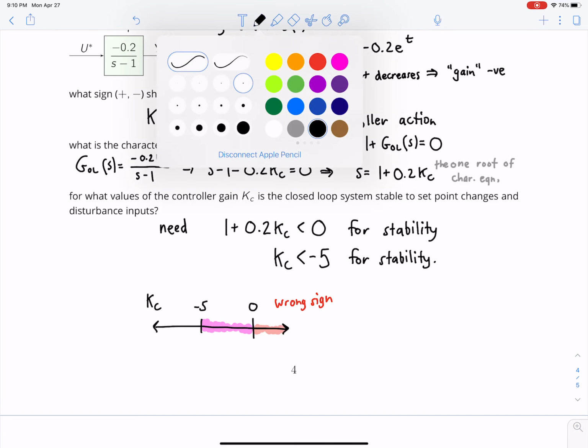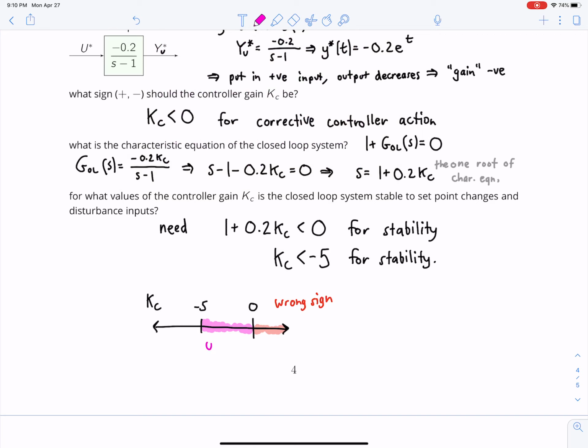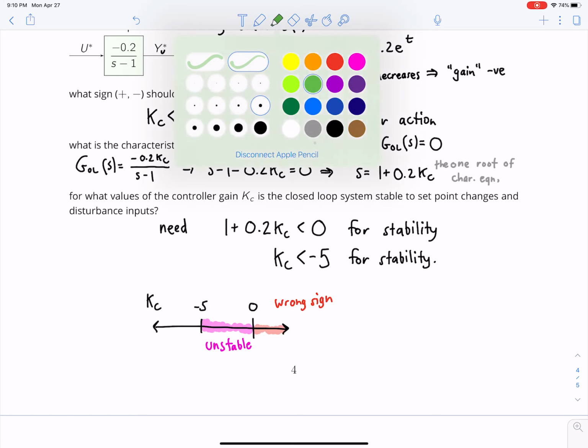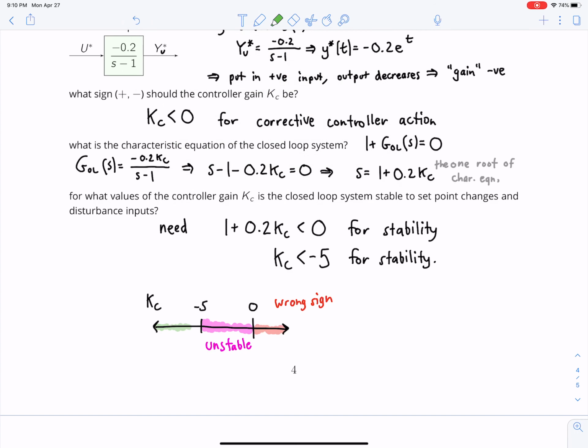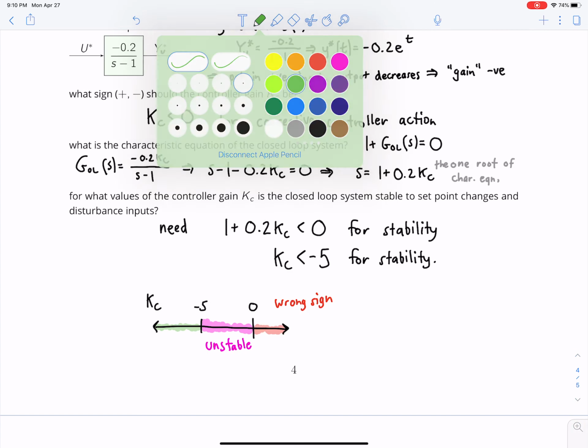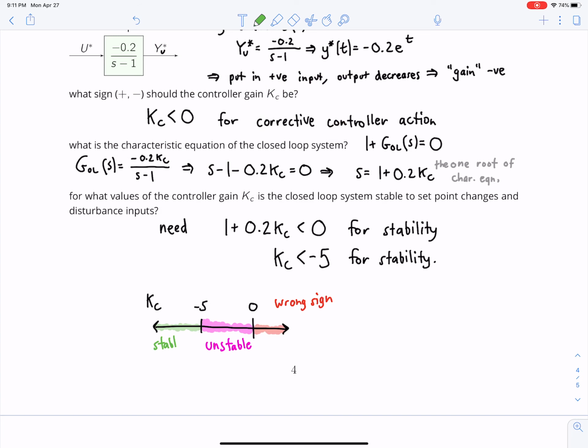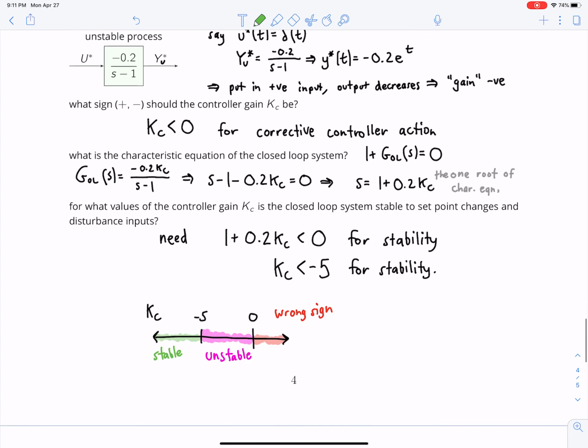So even if you choose the right sign and it's too small, then it's unstable, which is interesting. Here, your controller can be not aggressive enough, which makes sense because you're trying to harness an unstable process. On the other hand, if your controller gain is the correct sign and very aggressive, that's when you stabilize this system.